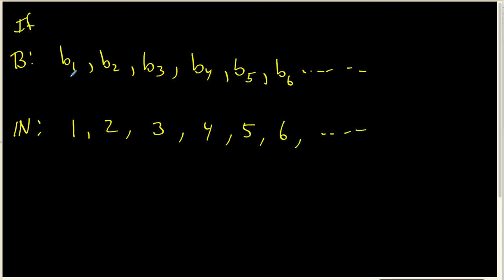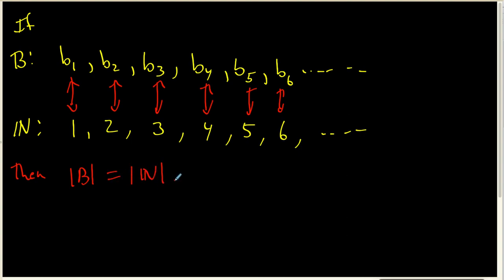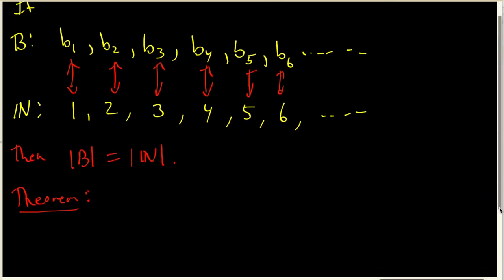And the bijection looks like this, of course. So if I can list, then I can say that the cardinality of the set that I listed is the same as the cardinality of the natural numbers. And that brings into play an important theorem that, while we've not proved it formally, we've got the insight into why it works, and I do want you to be aware of it.